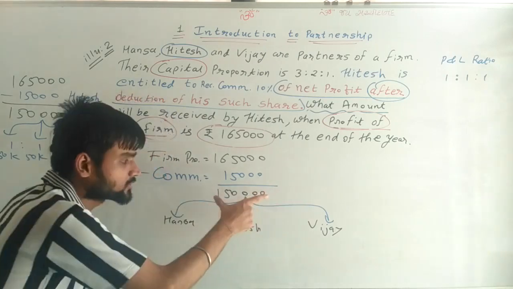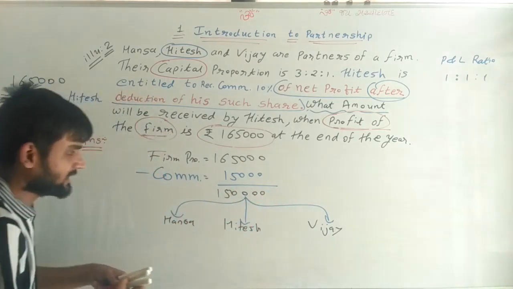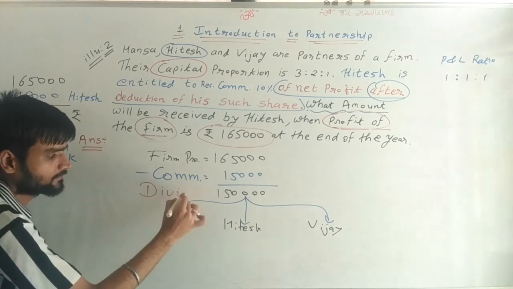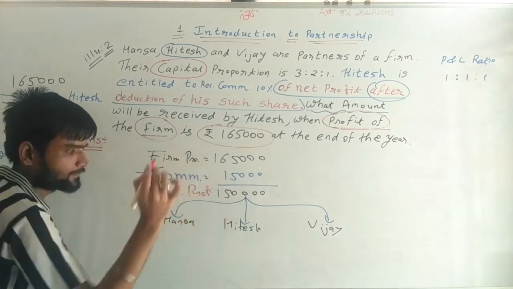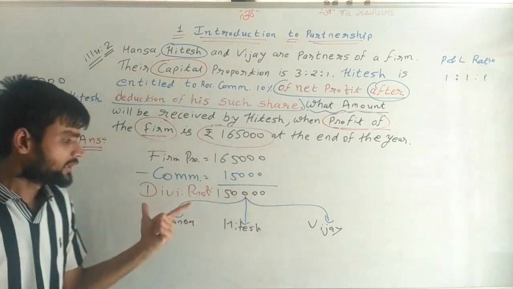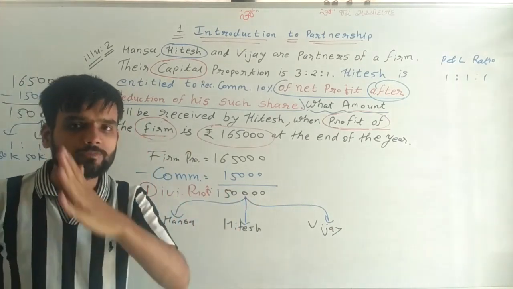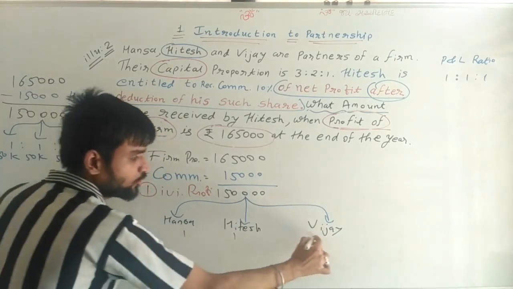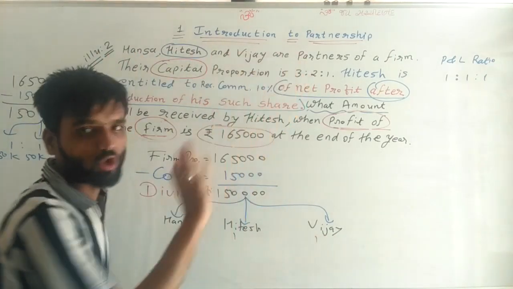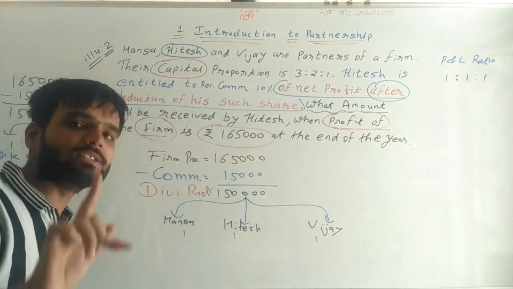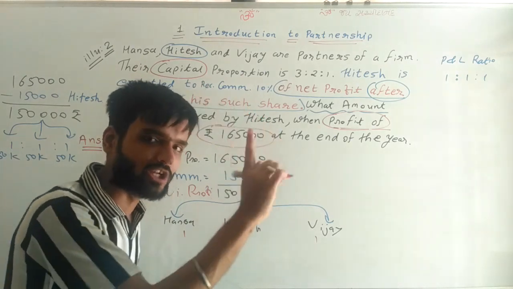That's why this 1,50,000 is called divisible profit, and it is distributed among the partners in their P&L ratio. Here the P&L ratio is not available, the capital ratio is available, but that cannot be used. P&L ratio is equal as per Partnership Act 1932.